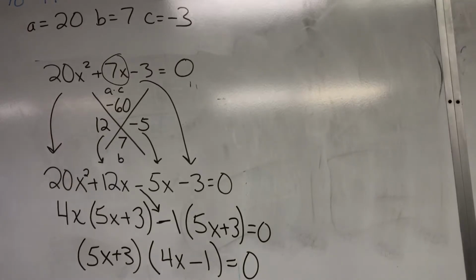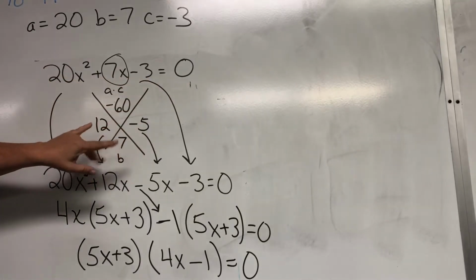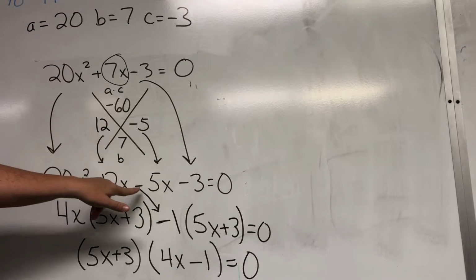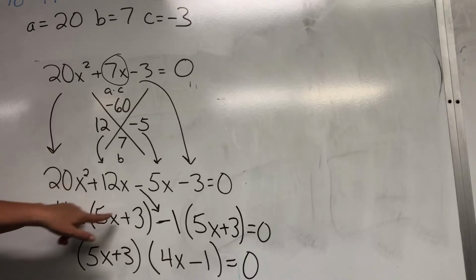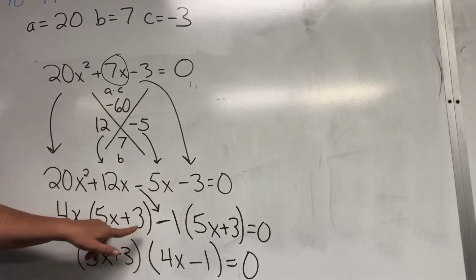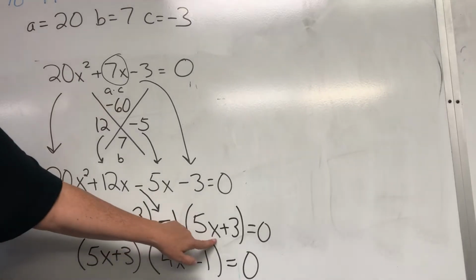So what we've accomplished so far is we've taken the original expression, set it equal to 0, used the big X to effectively split our linear term, then factored by grouping the first two terms and the second two terms. If these are going to work, they always have this binomial in common.